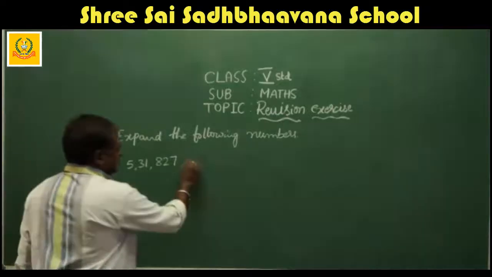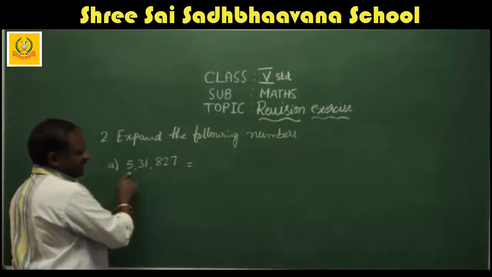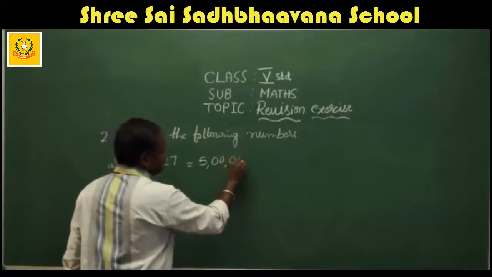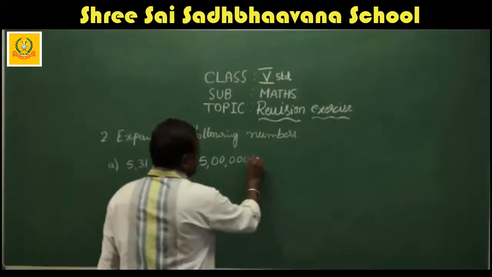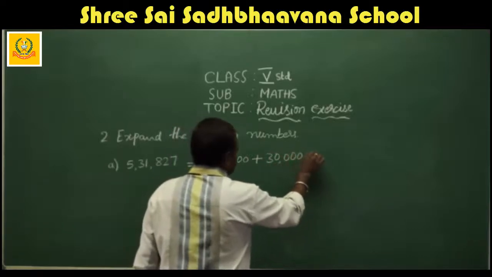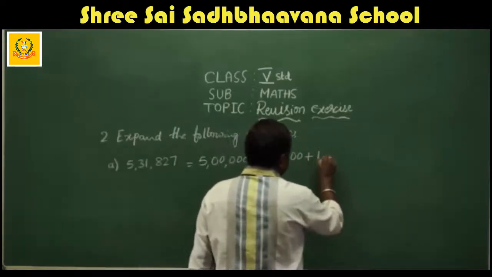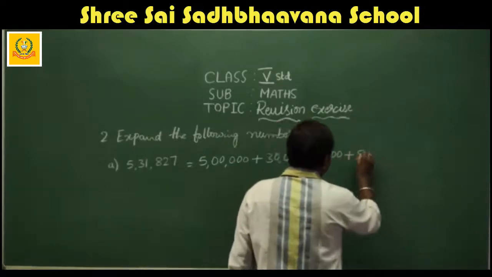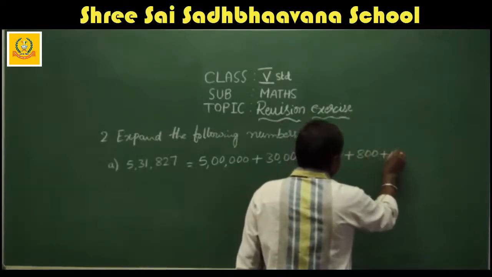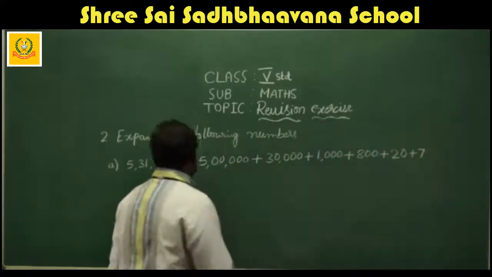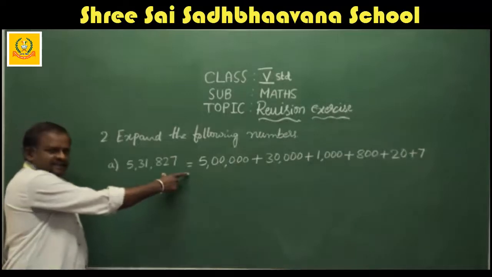First, this is in the lakh place, so 5 lakhs plus 30,000 plus 1,000 plus 800 plus 20 plus 7. This is how you expand the number.